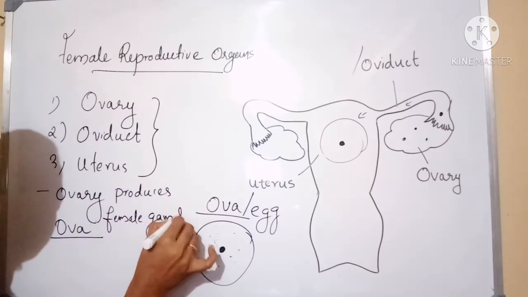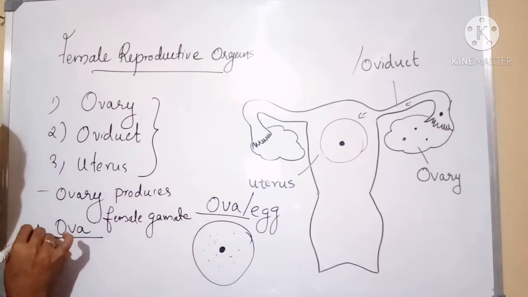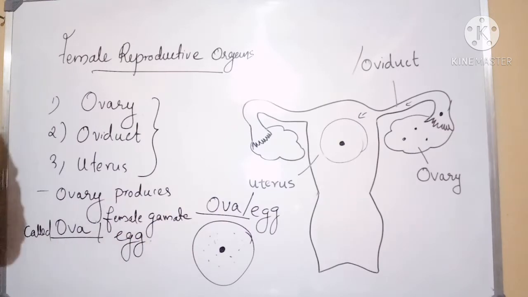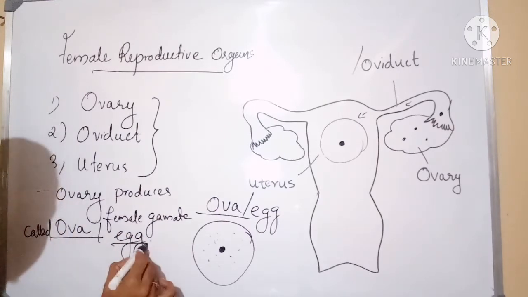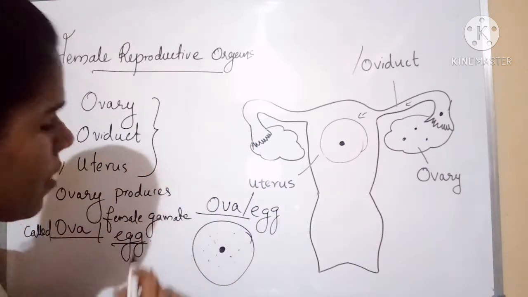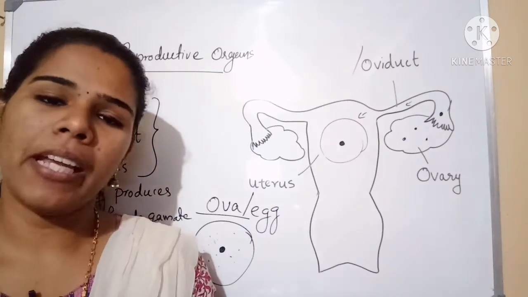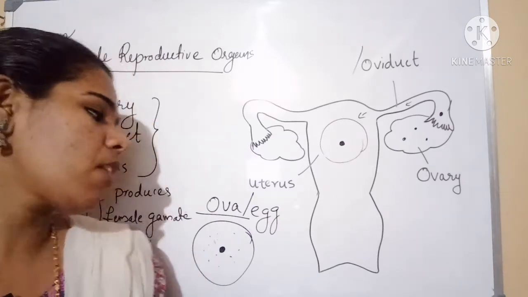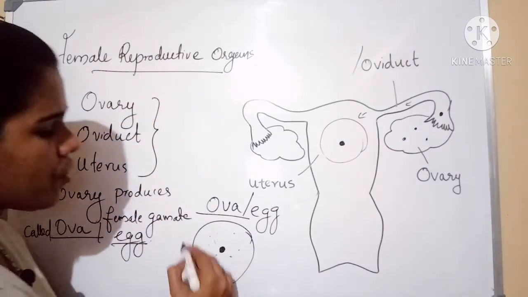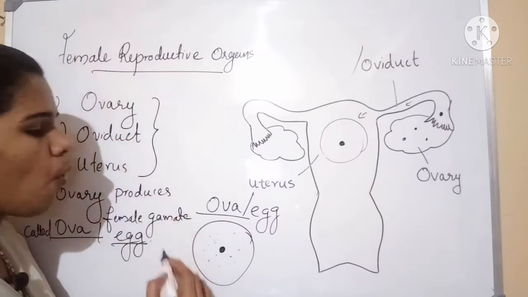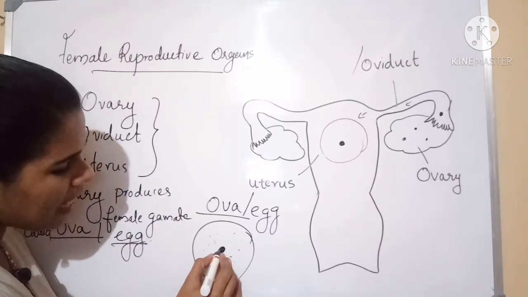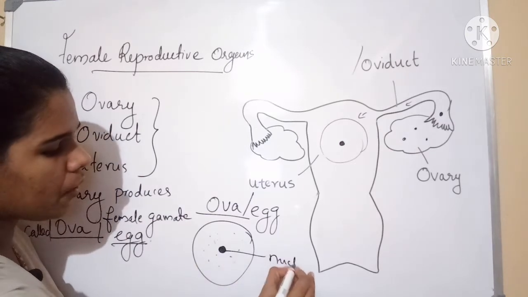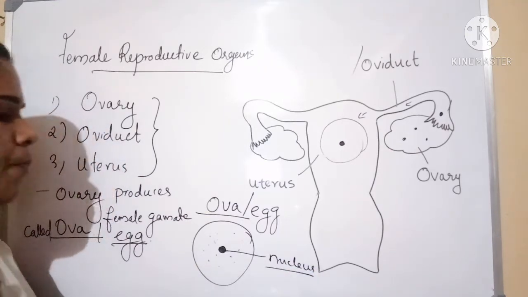It is very important. The structure of the ova, egg or ovum is a single cell consisting of a nucleus.